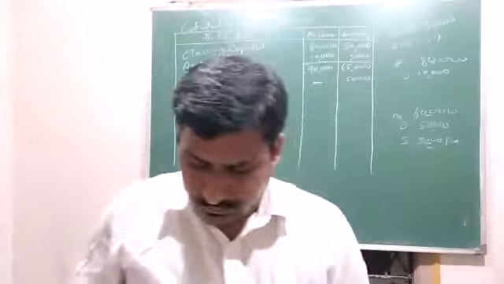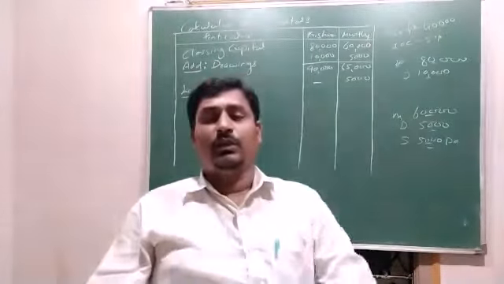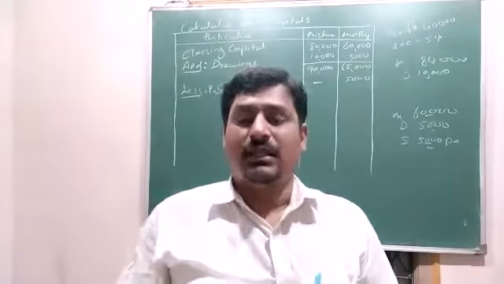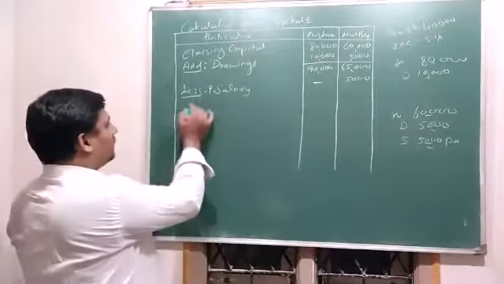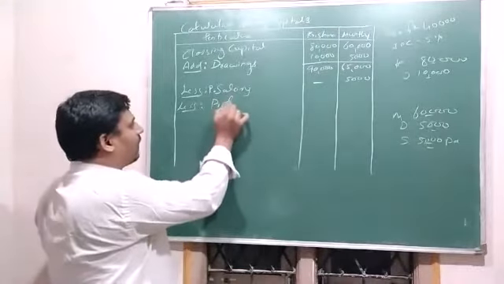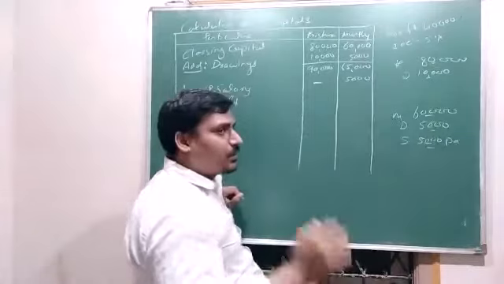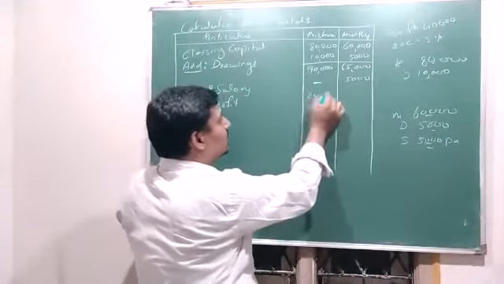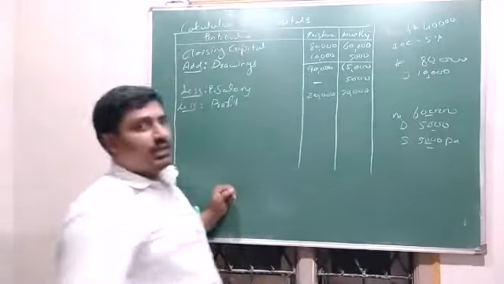Regarding profit, they have not given any ratio. With what ratio are they dividing the profit? So we assume that they are sharing equally. Next deduct profit. The profit is 40,000, divided equally, that is divided by 2: 20,000 to Krishna and 20,000 to Murthy.